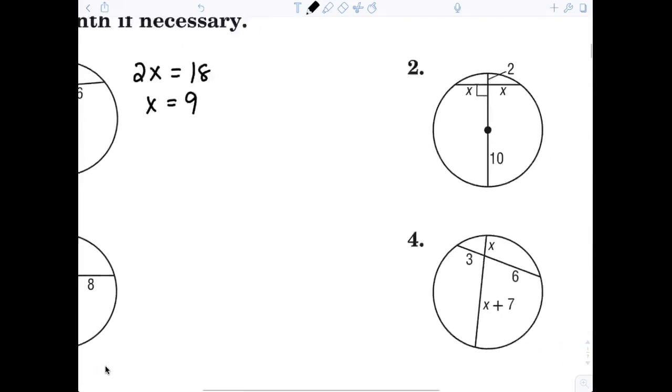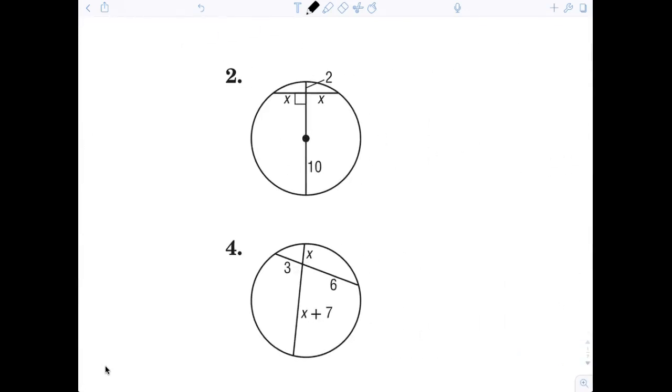If we're looking at number 2, we have x squared equals, now you've got to be careful in this. X squared is equal to what? No, 2 radical 5? Wait a minute, how are you getting 20? Yes, thank you. The radius is 10.